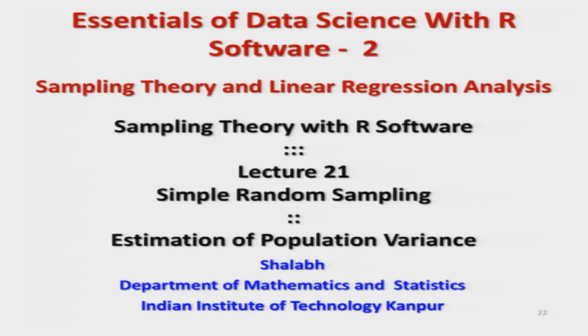You may recall that in the last two lectures, we considered the estimation of two population parameters, population mean and population variance. We considered the sample mean as an estimator of population mean. That means you have a big population and you want to study the central tendency of the population, that is, the point around which most of the data is scattered.